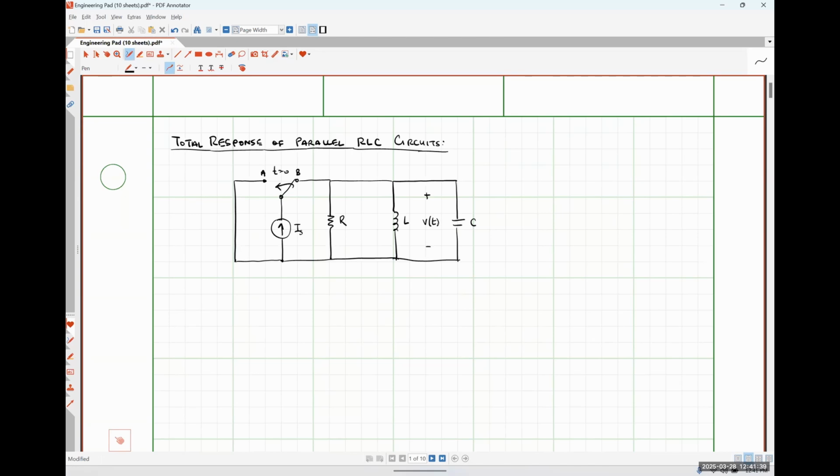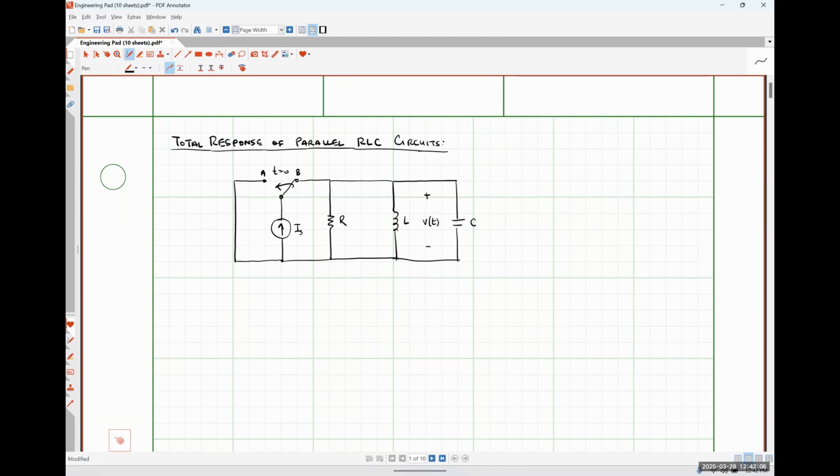Because it happens to be the voltage drop across the capacitor, we're going to have to remember the rules about how it changes, in as much as it cannot change between t is equal to 0 minus and t is equal to 0 plus. If it did, we would be transferring an infinite amount of energy, which can't happen, right? So this voltage is going to be constant from 0 minus to 0 plus.